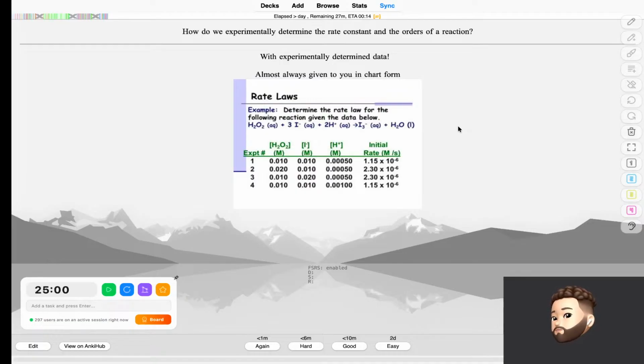I don't think that I would know how to figure it out based off of this. I'm gonna suspend this card because it's not useful enough.